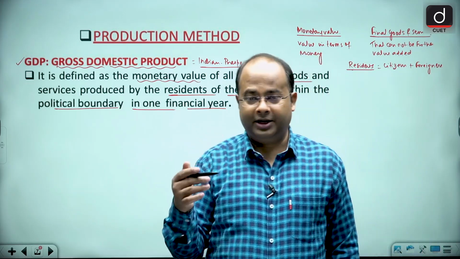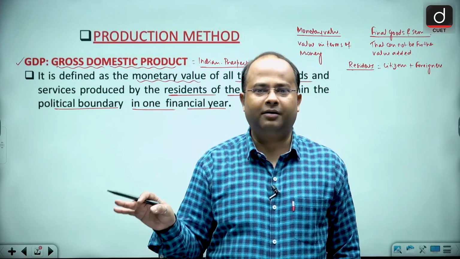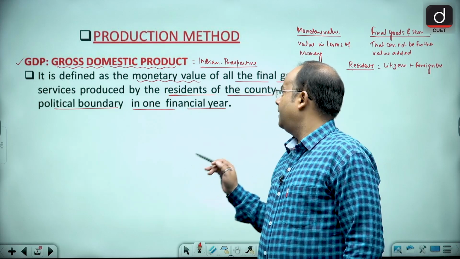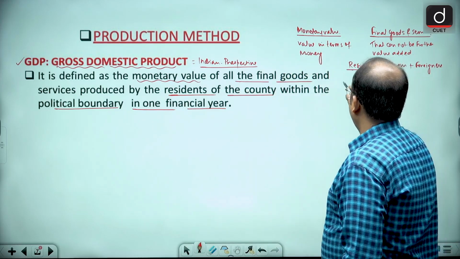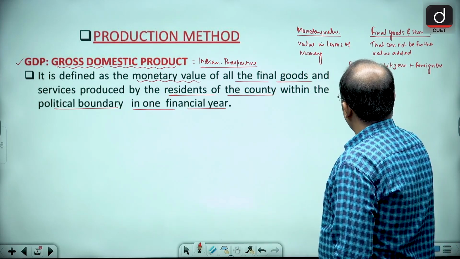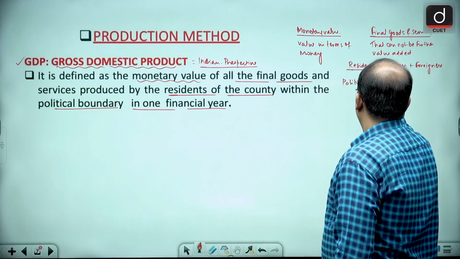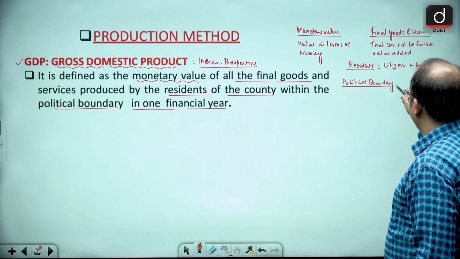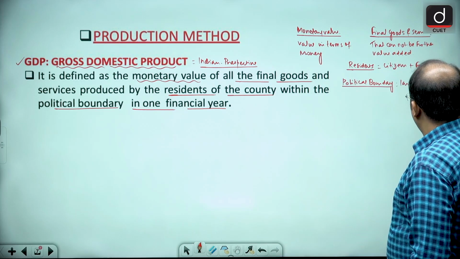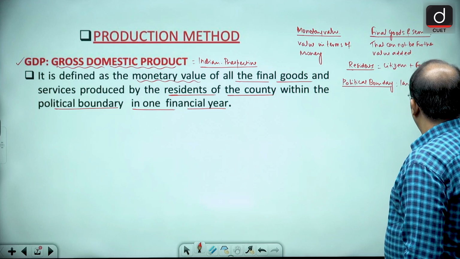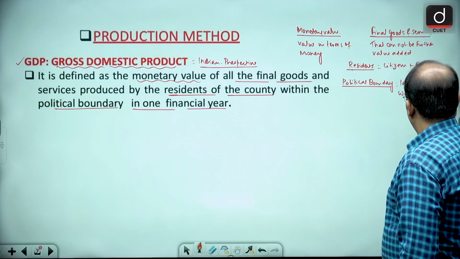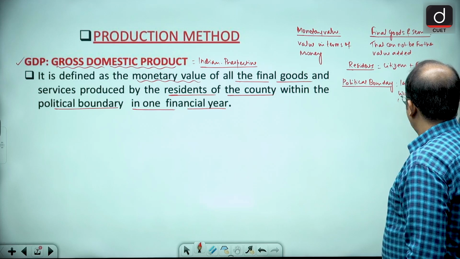and plus the foreigners, that means people from different countries, who are also living and earning in the country within the political boundary. Political boundary means land boundary plus water boundary, if available.